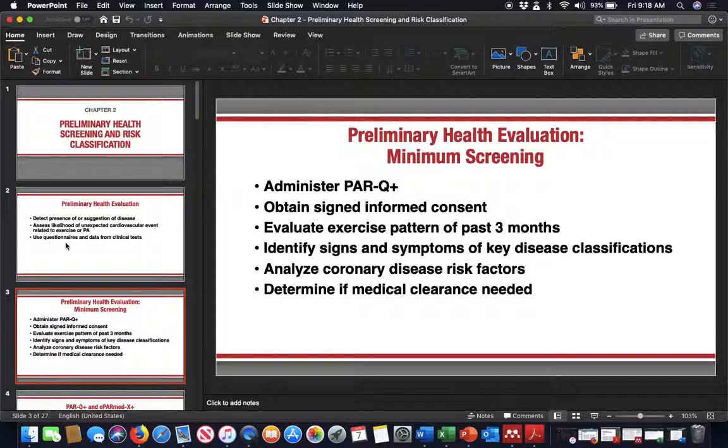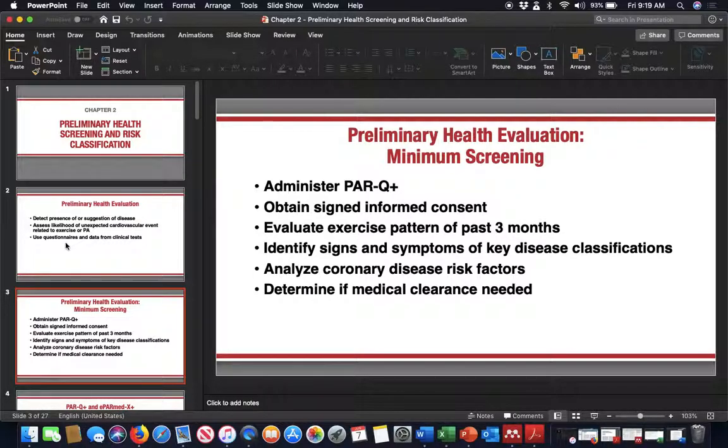But now the PAR-Q Plus is almost like they've taken the PAR-Q and combined it with a health history questionnaire, and you fill out a bunch of additional background information that will help the screener, whether it be a nurse or us as exercise specialists, determine what the findings are based on the yes and no answers of the first part of the PAR-Q.